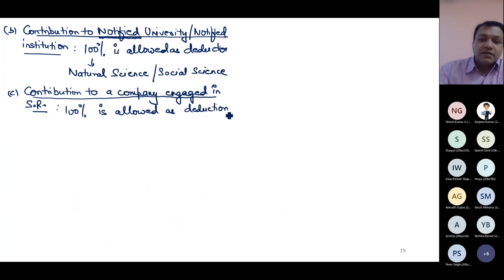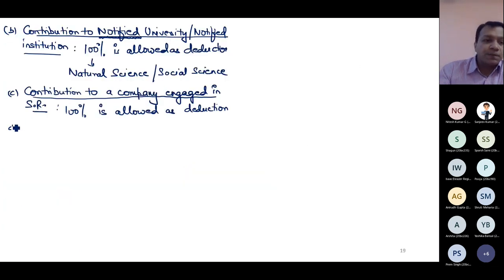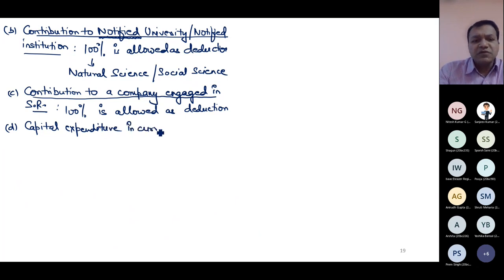Fourth, in the first, assessee himself incurred revenue expenditure. Now, capital expense incurred by the assessee himself. Can you tell me any example? What type of capital expenditure can I incur on scientific research?